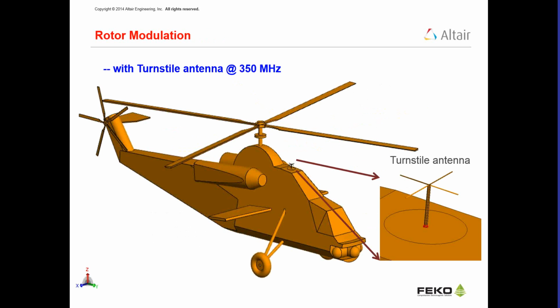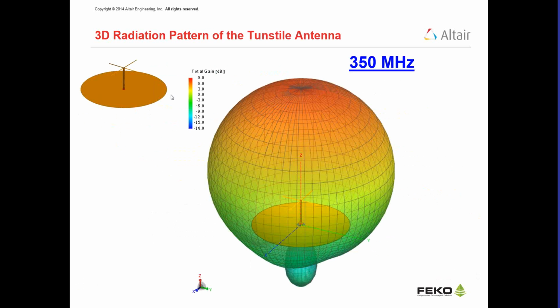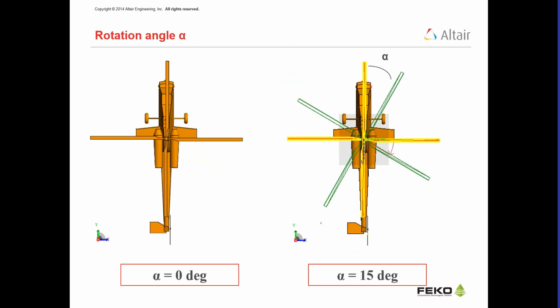You can see that it gives a nice pattern when it is not on the helicopter, and it shows with a small ground plane around it. And now let's take a look at the patterns when you're not only placing it on the aircraft but also rotating the rotor blades.